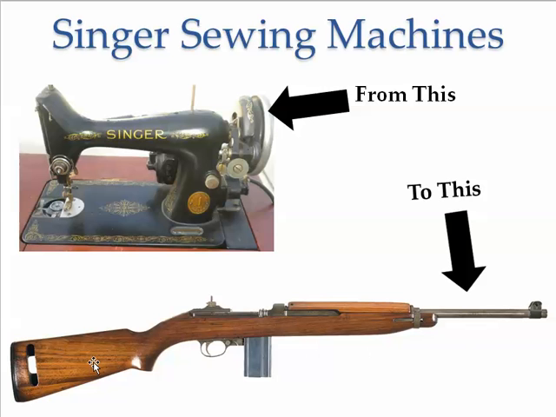This is an M1 carbine rifle that is actually made by Singer Sewing Machine Company. So Singer is going to slow down to a halt, or completely stop, and then start making one of these M1 carbines for the war effort for soldiers. So this is an example of wartime conversion.